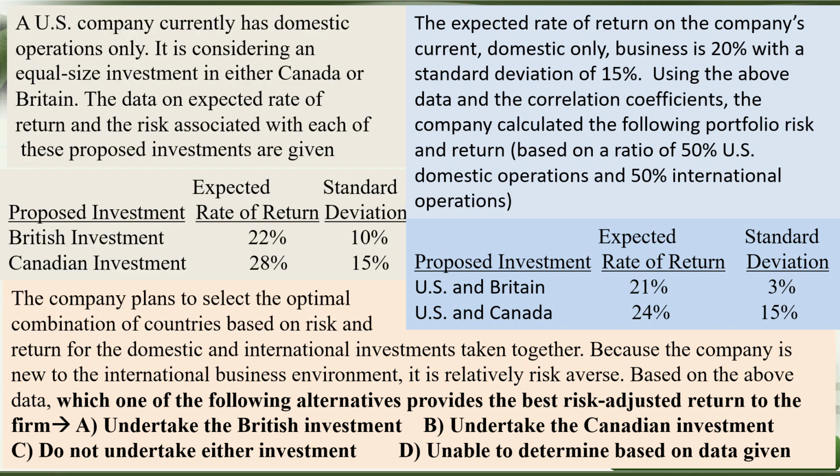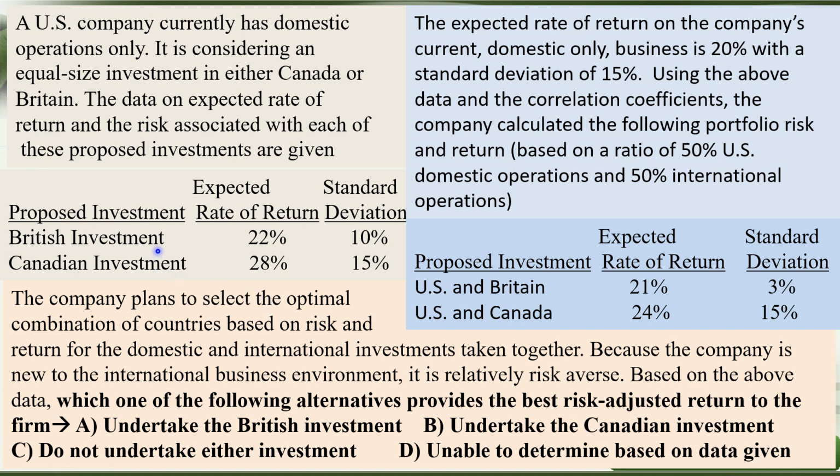We can also verify by simple analysis. What we should understand is that the question says that the company is relatively risk averse, so they are expecting the lowest risk level.